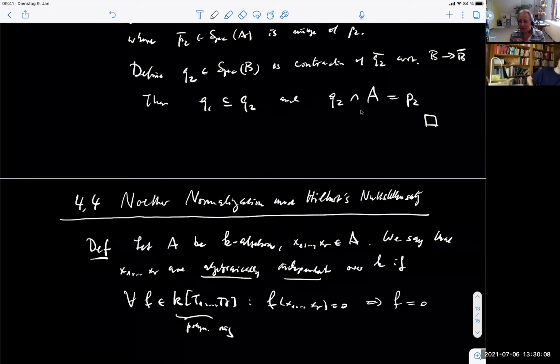So the only polynomial relation is the trivial one. For instance, if you are in a polynomial ring and the x's are variables, then you have exactly that. That's what characterizes polynomial rings. This is this notion.